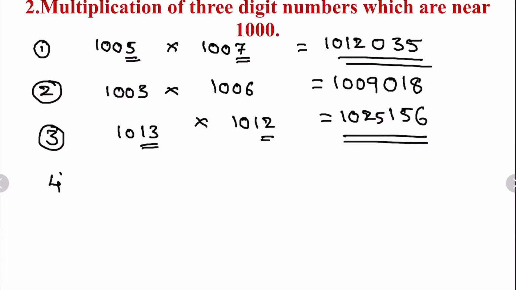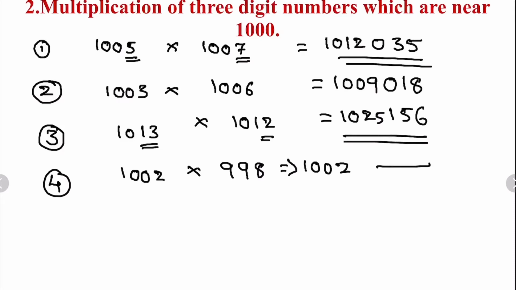Now we will take one value more than 1000 and another value less than 1000. So 1002 is multiplied with 998. So 1002, how much more than 1000? 1000 plus 2. 998, how much less than 1000? Minus 2.